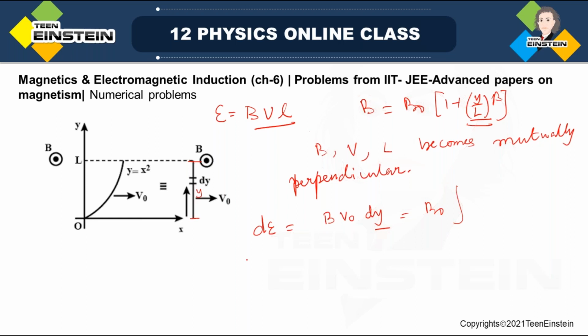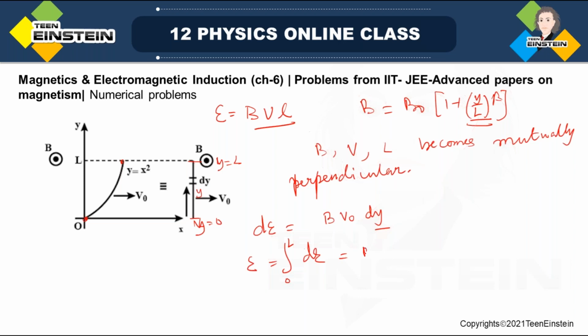And what is the limit of integration? If we want to find the total EMF developed at the ends of the wire, it is the integration from 0 to L. y will be 0 to L, because we have taken y is equal to 0 there, and y is equal to L here, the projection of this wire.